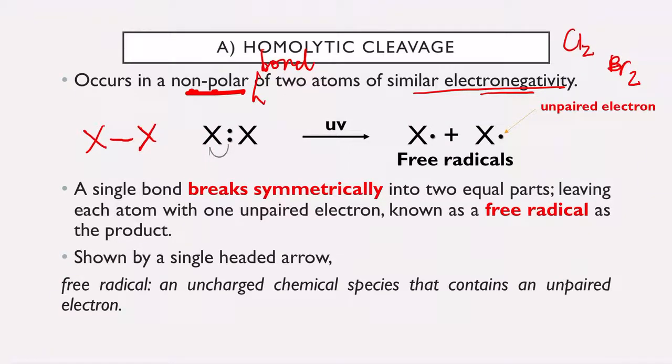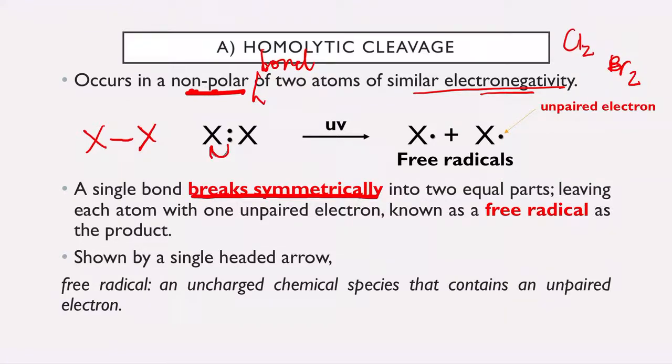Okay, so what happens in homolytic cleavage is that a single bond breaks symmetrically. So it will break equally into 2 equal parts, leaving each atom with 1 unpaired electron, known as a free radical, as the product. Alright, so this is the first half-headed arrow, or single-headed arrow.